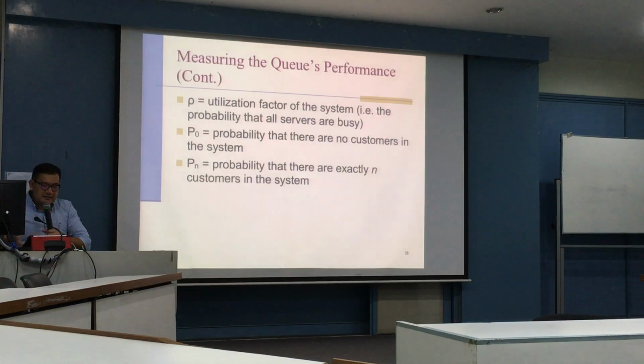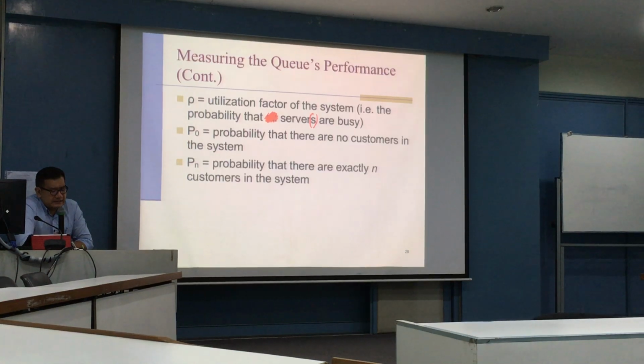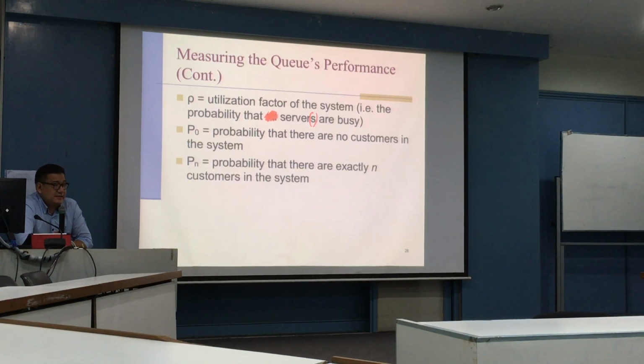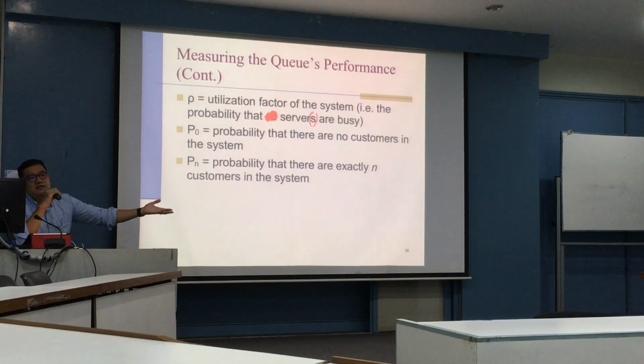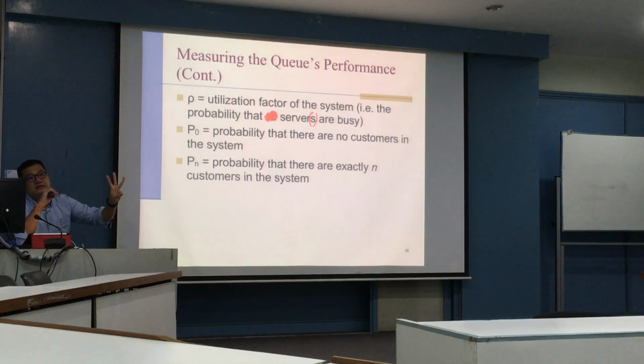The next one is rho. Rho is the utilization factor, or you can say it's the probability that the servers are busy. It means the probability that when a customer arrives to the system, at least one service provider is going to provide service to the customer. For example, say this is a commercial bank, and at the counter we have 3 bank tellers.